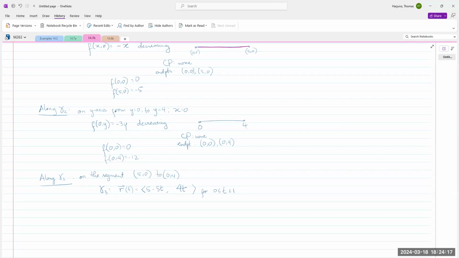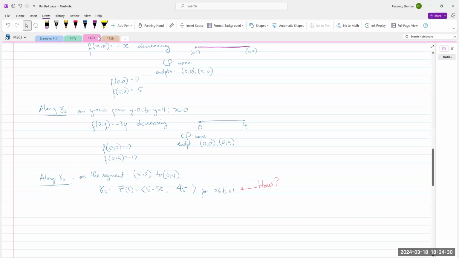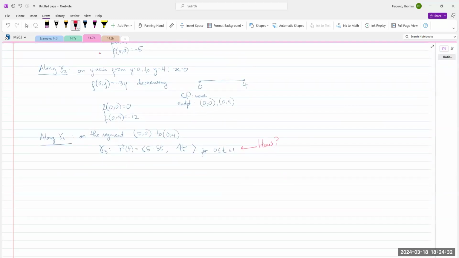Now, in case you wonder, how do you get that? Think this way. What is the direction vector? The direction vector v is (0 minus 5, 4 minus 0), the terminal point minus the initial point. Remember, that's a line segment, right? So the direction vector is (-5, 4).